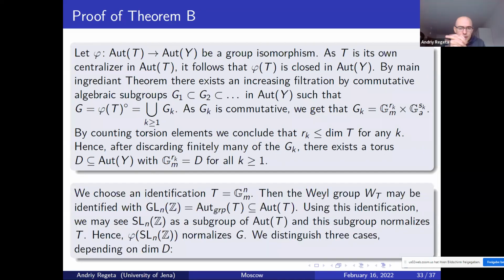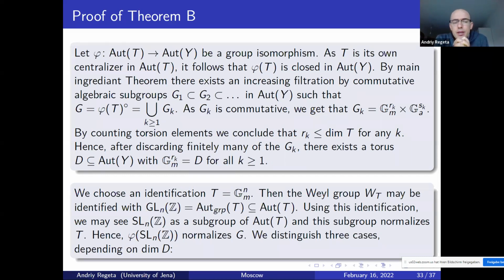So this means, we first choose an identification T equals G_m^n. So T is just an n-dimensional algebraic torus. Then the Weyl group W_T may be identified with GL_n(Z), the group of automorphisms of T, where T is seen as an algebraic group.